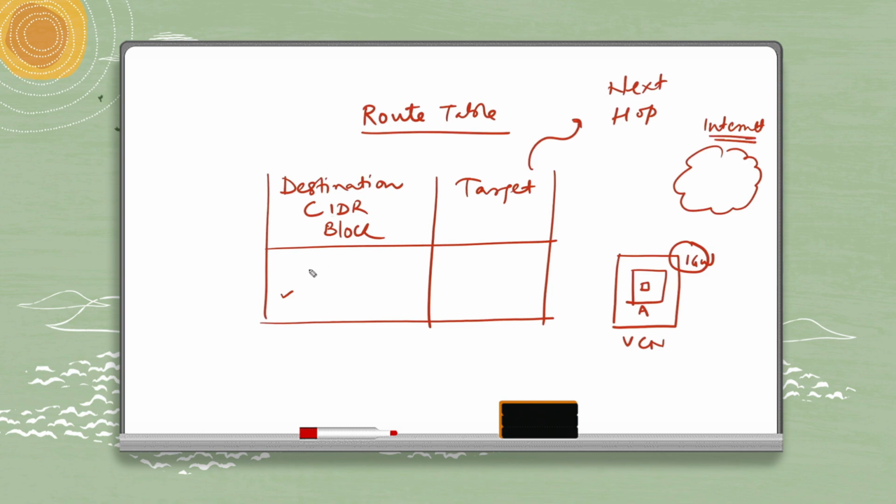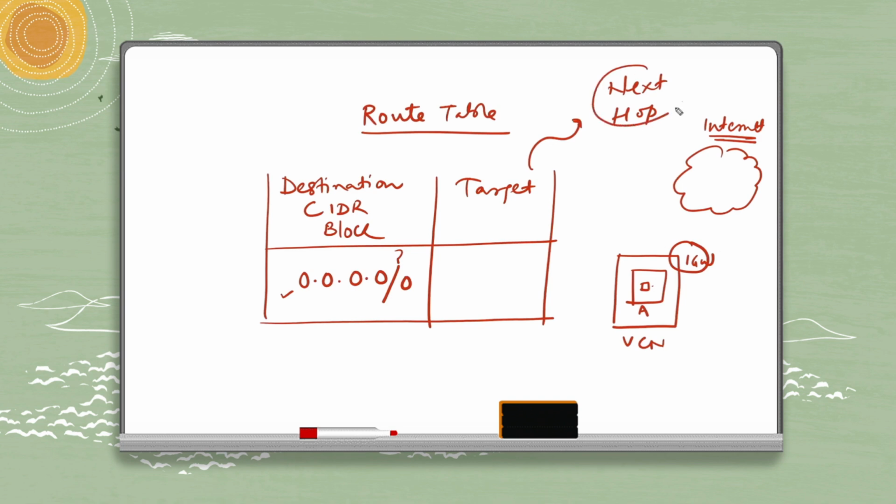What should be specified in this destination CIDR block? The CIDR range of the destination. In this case, the destination is internet. And we can specify the CIDR range of the internet as this 0.0.0.0/0.